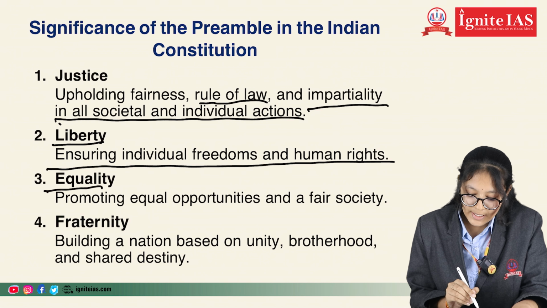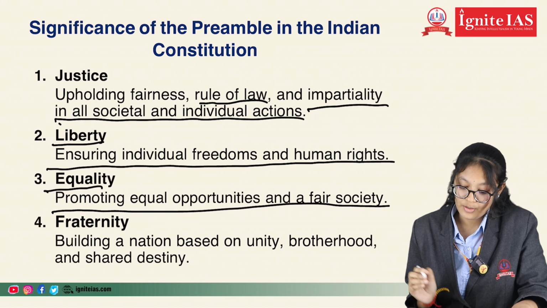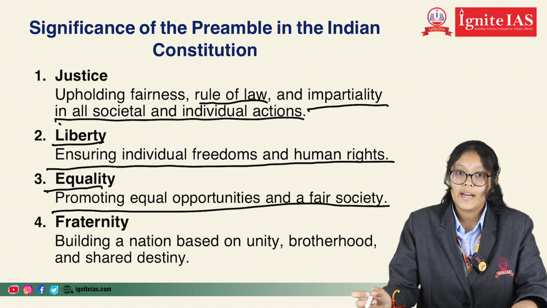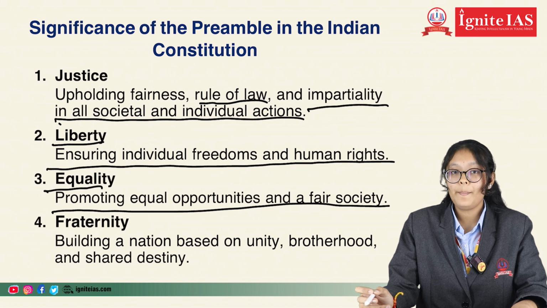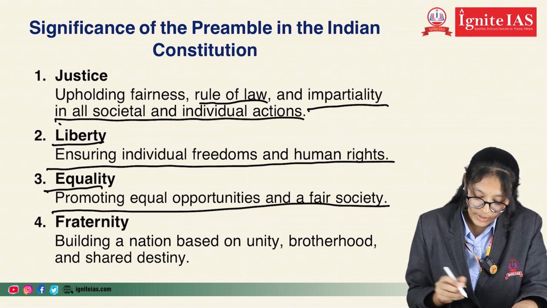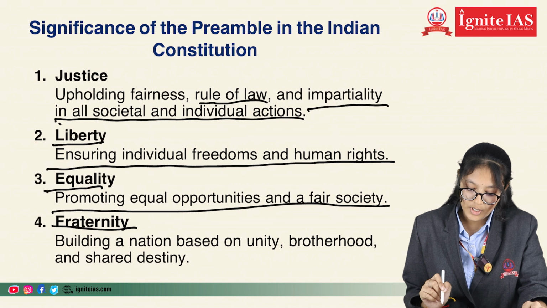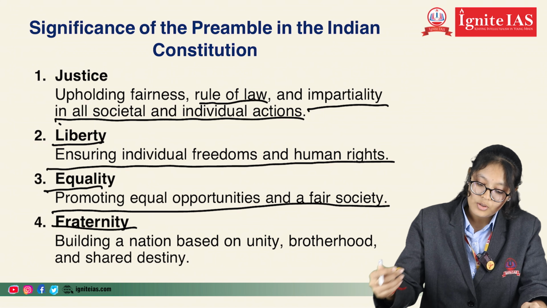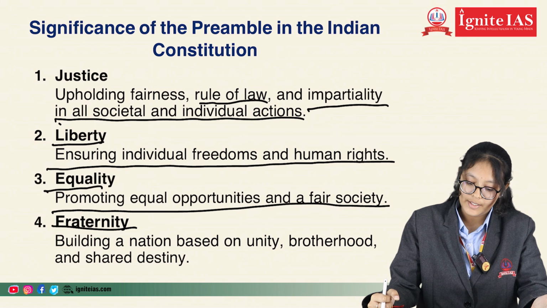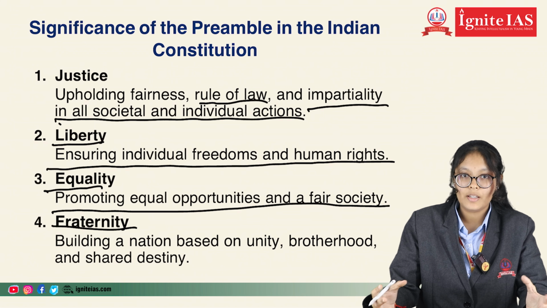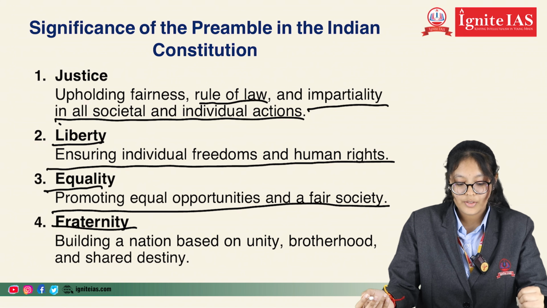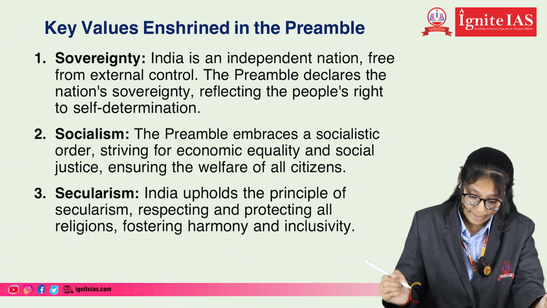Equality, promoting equal opportunities and a fair society, and to eradicate inequality and to bridge the gap between rich and poor. Next, fraternity, building a nation based on unity, brotherhood, and shared destiny, so that the people of India are united and in a brotherly relationship. We need all these four principles.